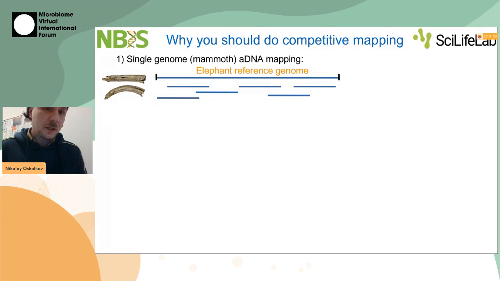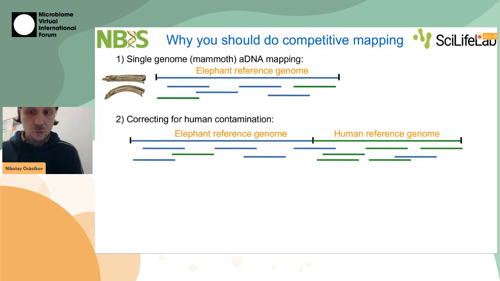But then if you're a good analyst, you would suspect that some of these reads are not blue, but actually green. So they actually come from maybe human. You would expect some percentage of modern human DNA to be present. So you at least need to do a good analysis to actually disentangle human and mammoth reads. You at least need to concatenate the elephant reference genome with the human reference genome to actually disentangle those human and mammoth reads.